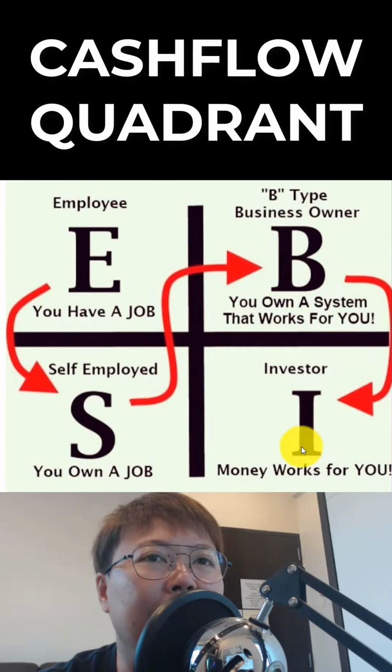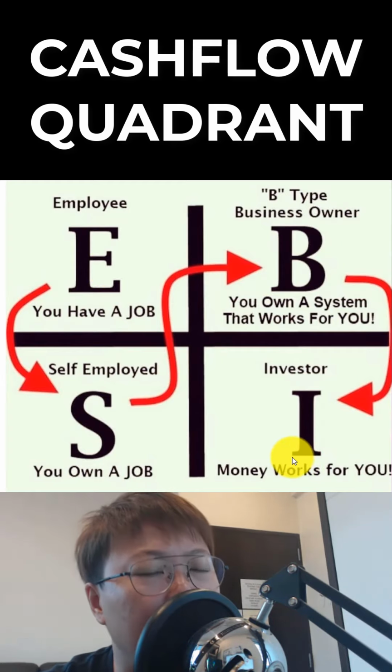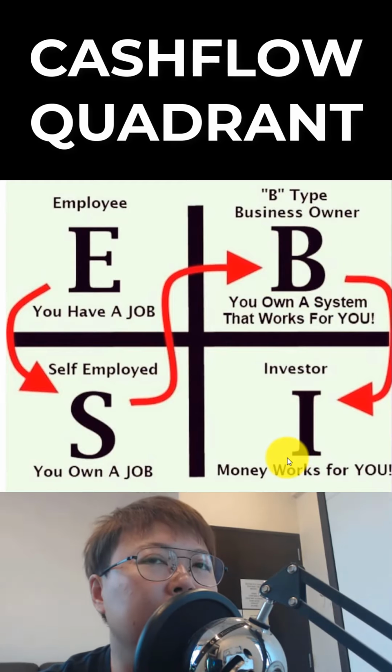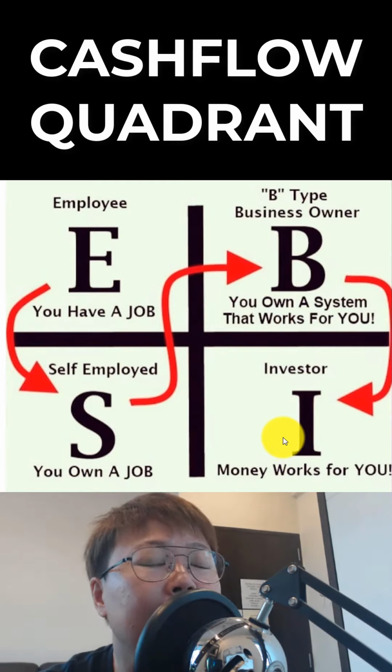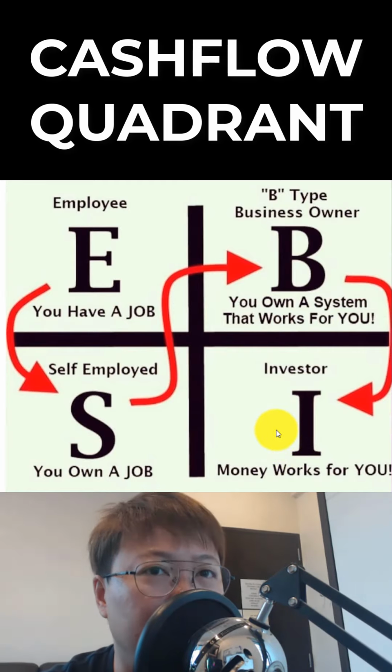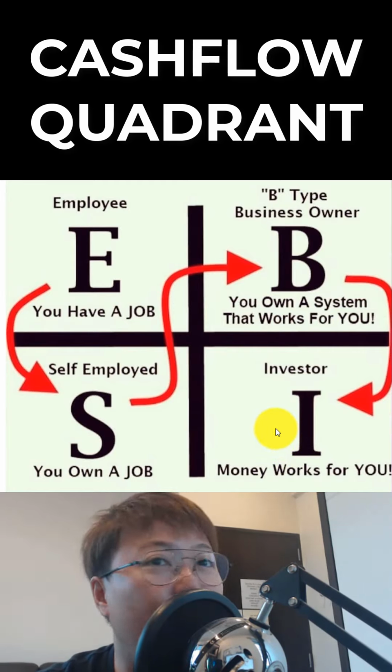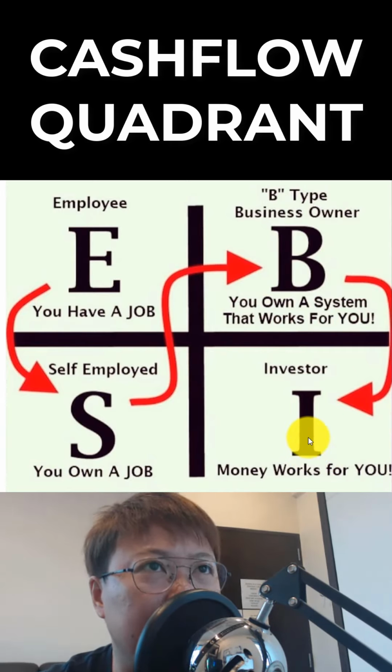Being an investor, it is very important to get yourself educated, because if you don't, you just listen to people and follow blindly, and that's when investment becomes risky. You've got to understand how money works for you, and only then can you become a good investor.